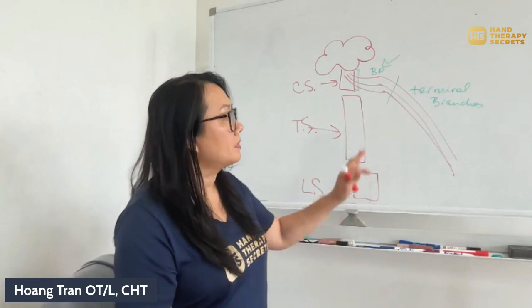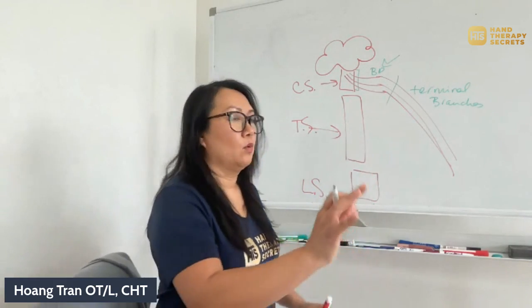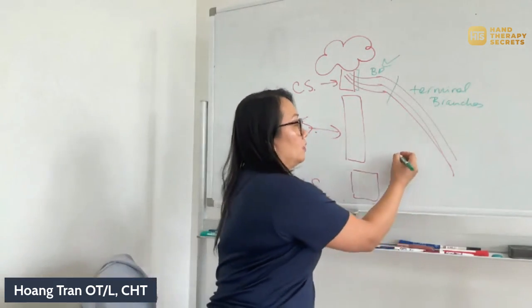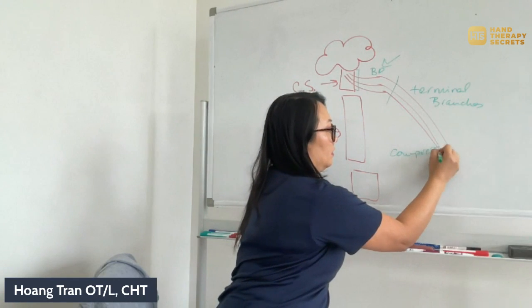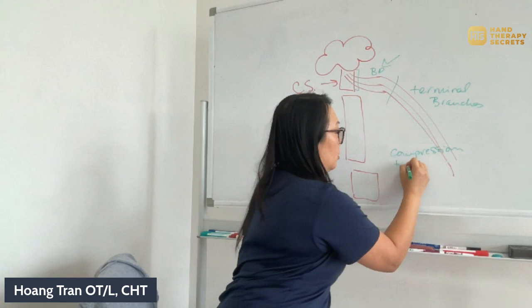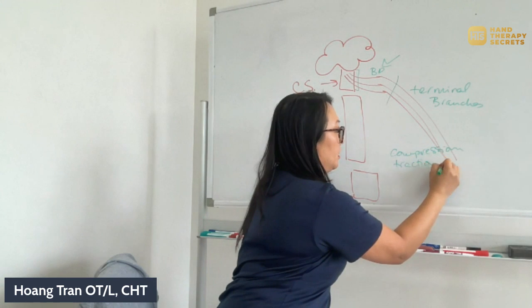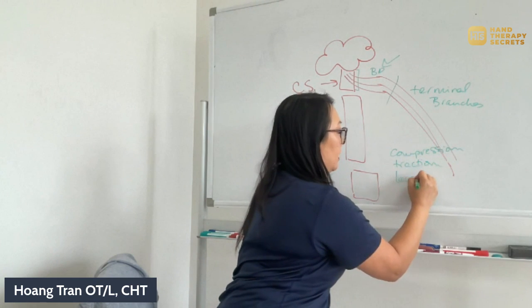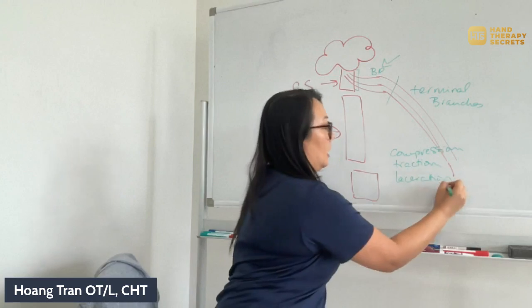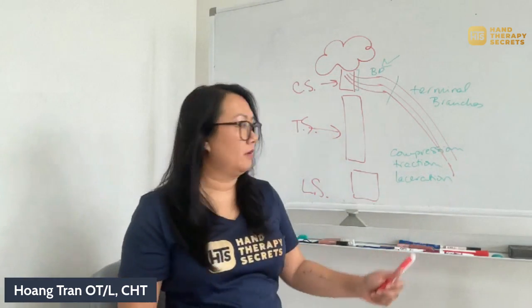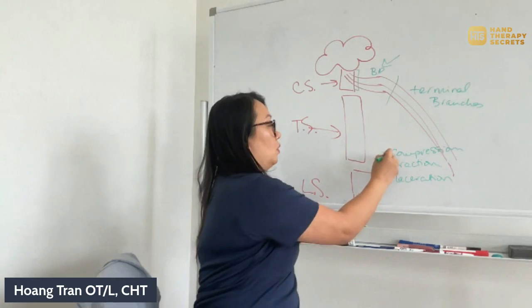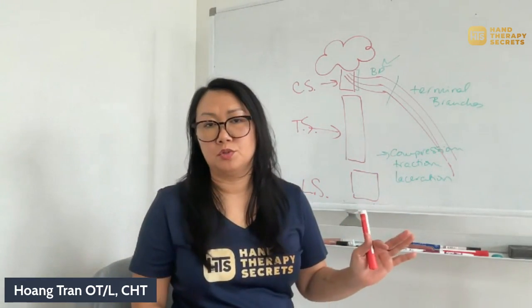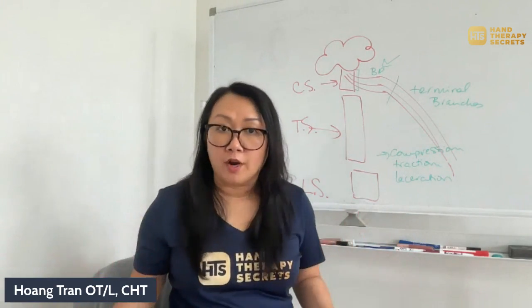Like I said, when we work with nerves, we can work with compression injuries, traction injuries, and laceration types of injuries. I was going to say the majority of us work with compression issues that are very chronic in nature.